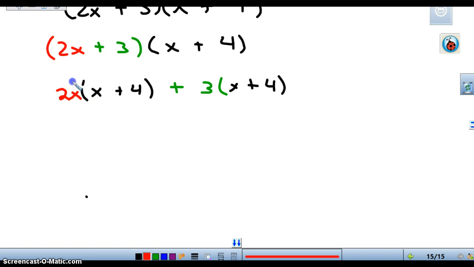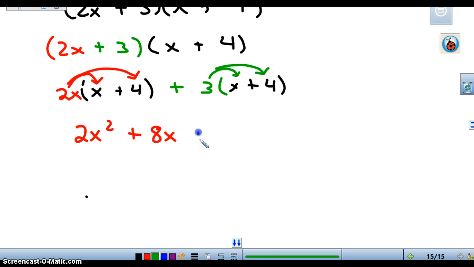When I distribute 2x, that means I multiply 2x times x and 2x times 4. 2x times x is 2x squared, and 2x times 4 is 8x. And I distribute 3. 3 times x is 3x, and 3 times 4 is 12.